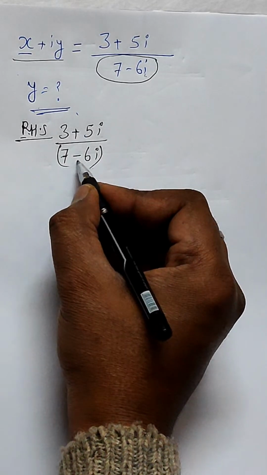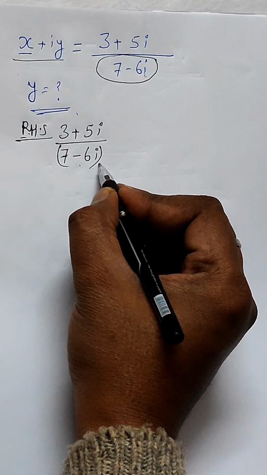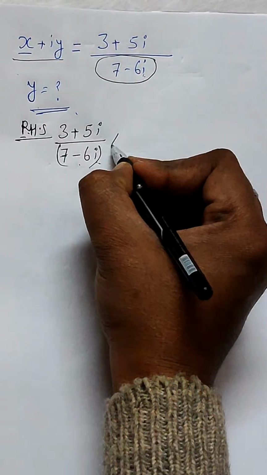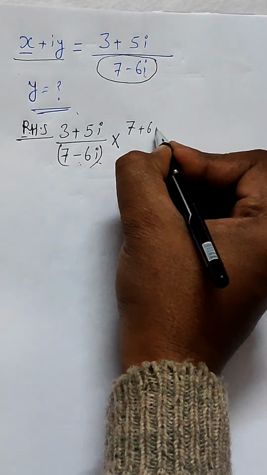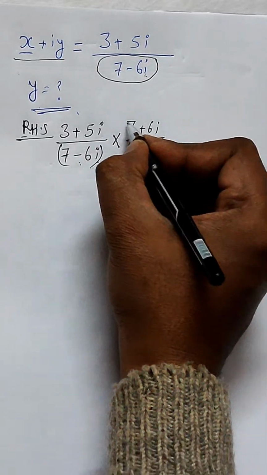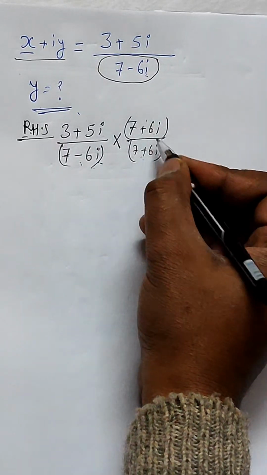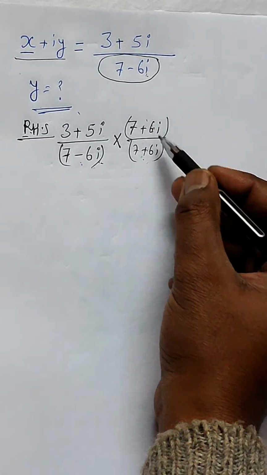And why is this required? This is required to eliminate this i from this denominator, this imaginary part. We multiply 7 plus 6i into the numerator and 7 plus 6i into the denominator, because this will cancel out and the effective change will be none. So that's why we are multiplying it.